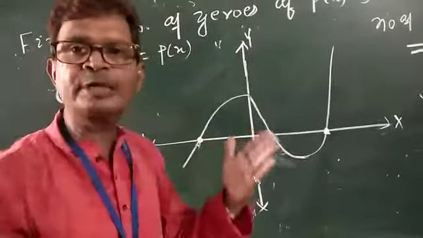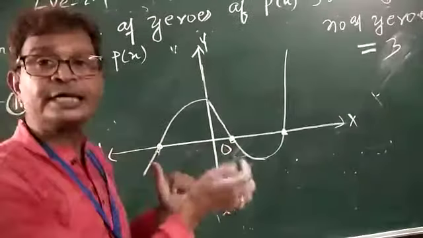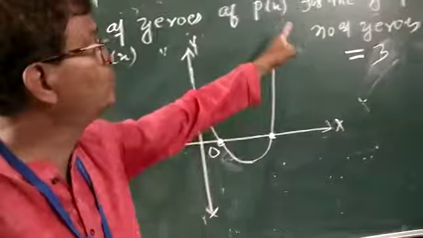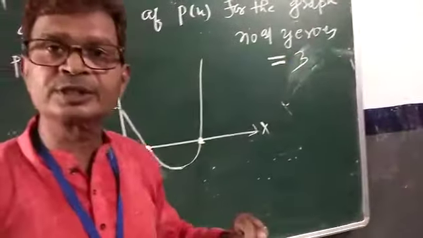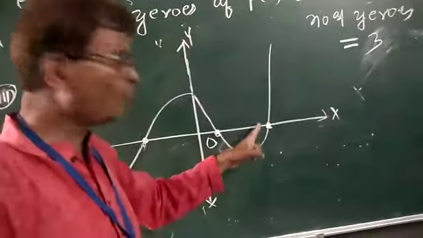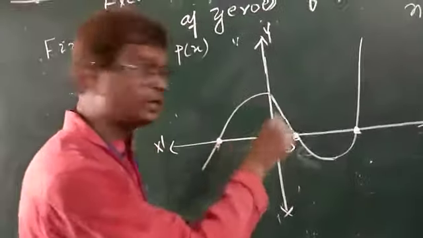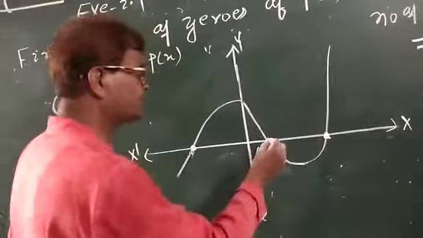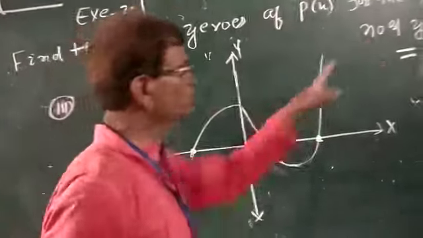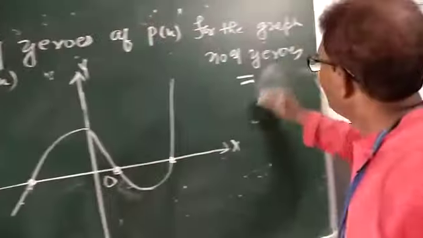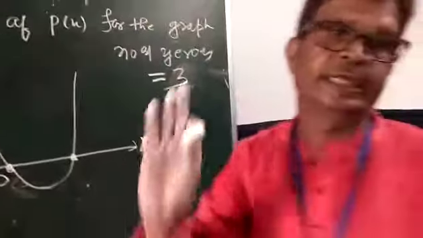Clearly, the graph intersects the x-axis, not the y-axis, on 3 points. So the number of zeros of p(x) will be equal to 3.